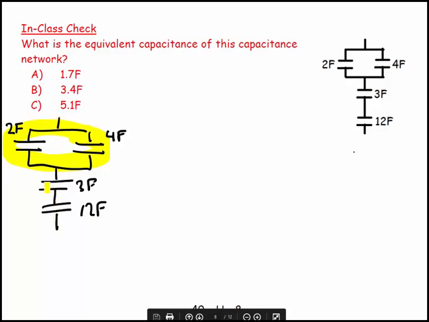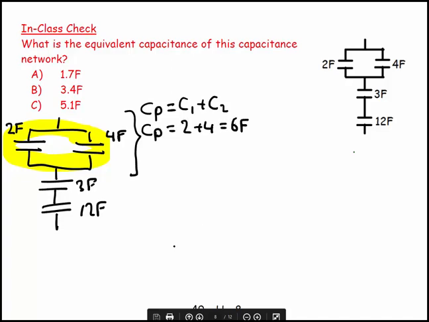But if I try and do anything with the capacitors on the bottom with the ones at the side, it's not going to work. So I say, oh, this is parallel. C parallel is equal to C1 plus C2 because it's getting bigger. C parallel is equal to 2 plus 4, which equals 6 farads.